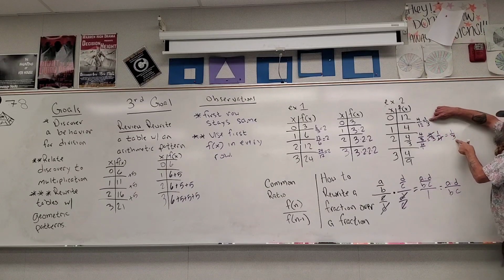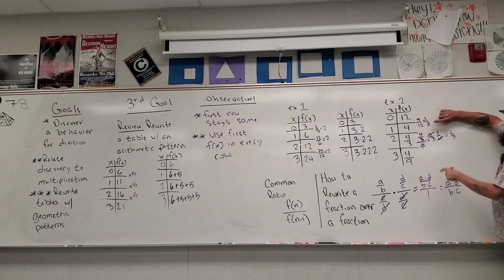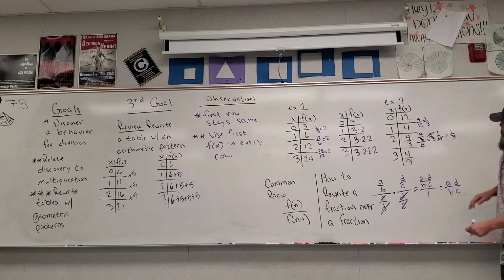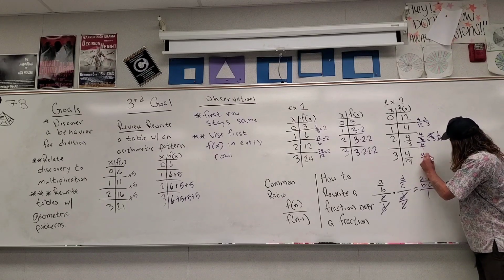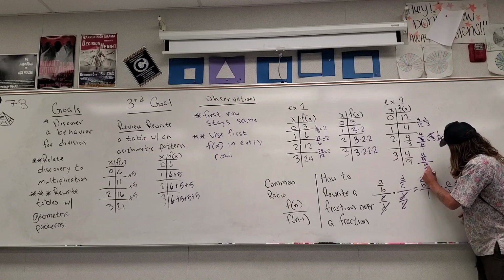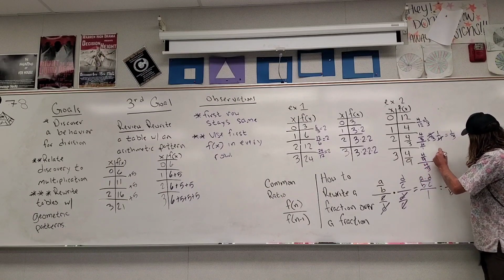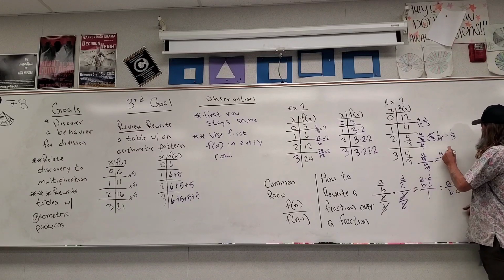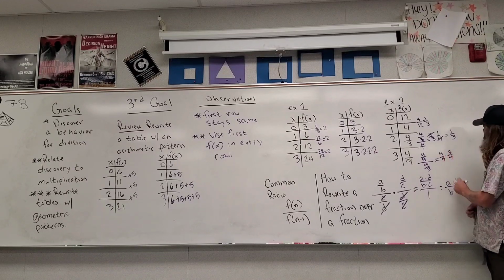So far, I have the same ratio. Let's put this y value on top of this y value. I get 4 over 9 divided by 4 over 3, and that's going to be equal to 4 over 9 times 3 over 4.